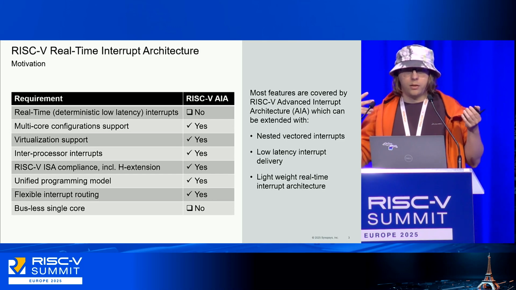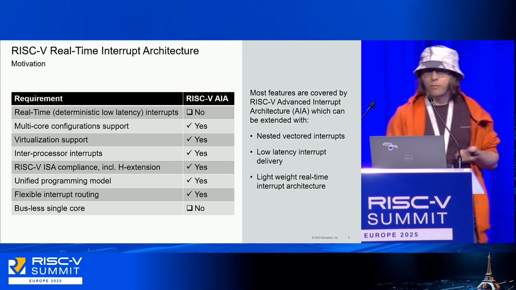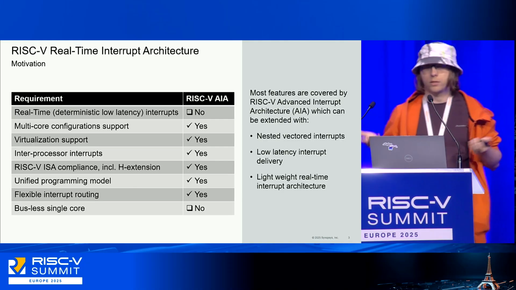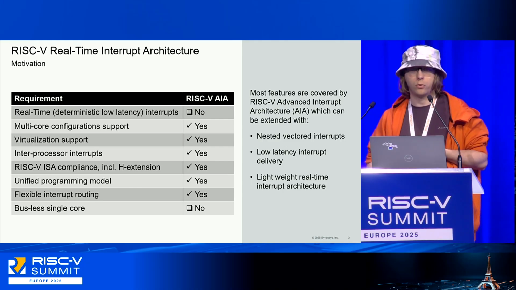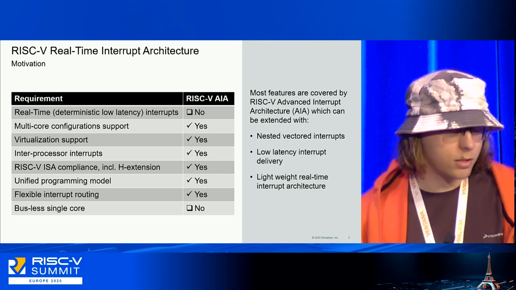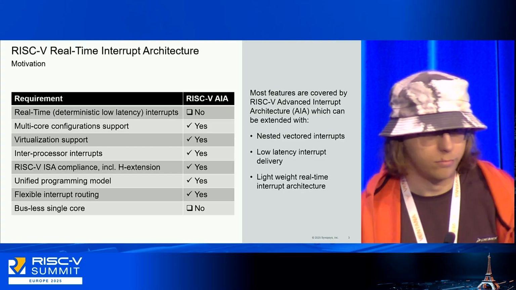It should be compliant to the RISC-V ISA, including H extension if we are talking about virtualization. And on top of all, we want to have a single solution with a unified programming model, because we don't want completely different and incompatible implementations for single-core, multi-core, systems with virtualization, you name it.